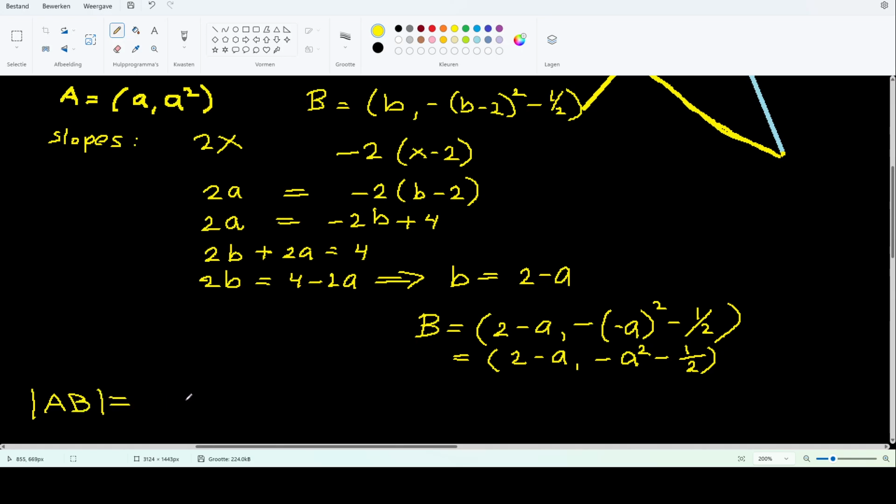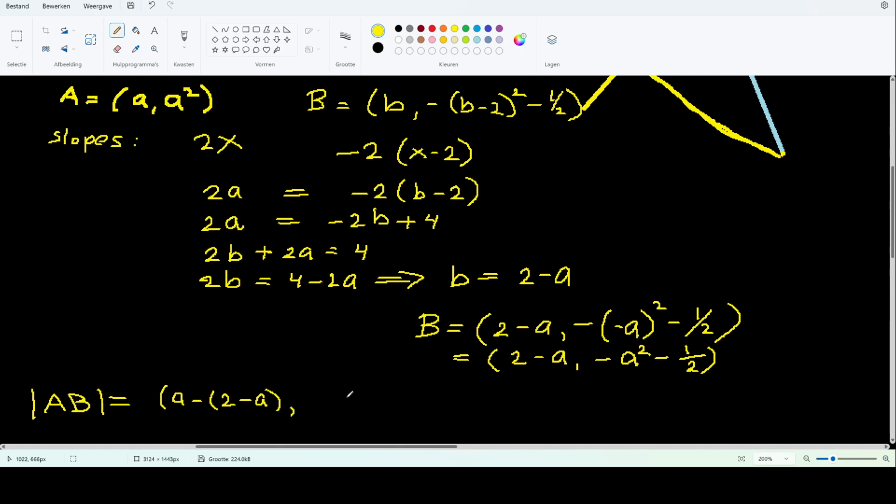Well, what you have to make then is the vector from a to b, which will be actually the coordinates of a minus b. So what you will be getting is this vector for the first coordinate a minus this minus 2 minus a.